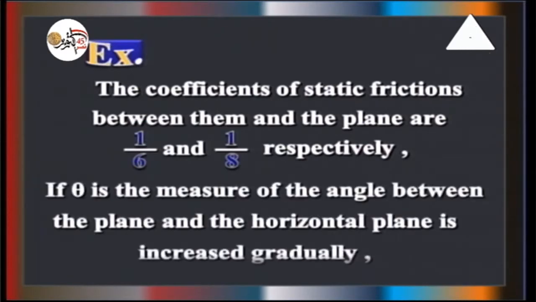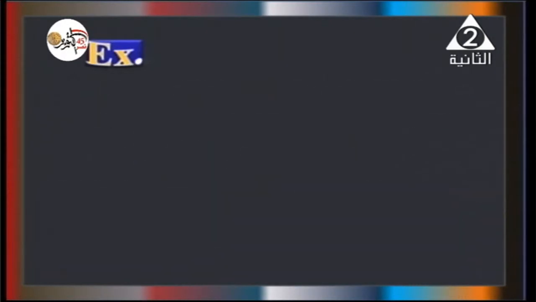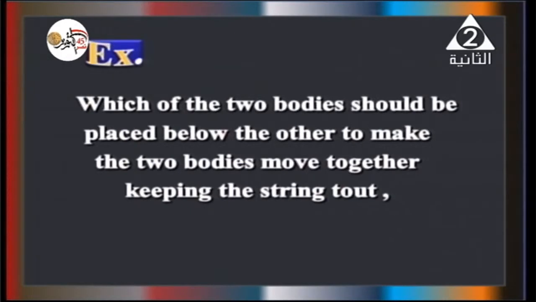If theta, my dear student, the measure of angle between the plane and horizontal plane, is increased gradually, which of the two bodies should be placed below the other to make the two bodies move together, keeping the string taut?